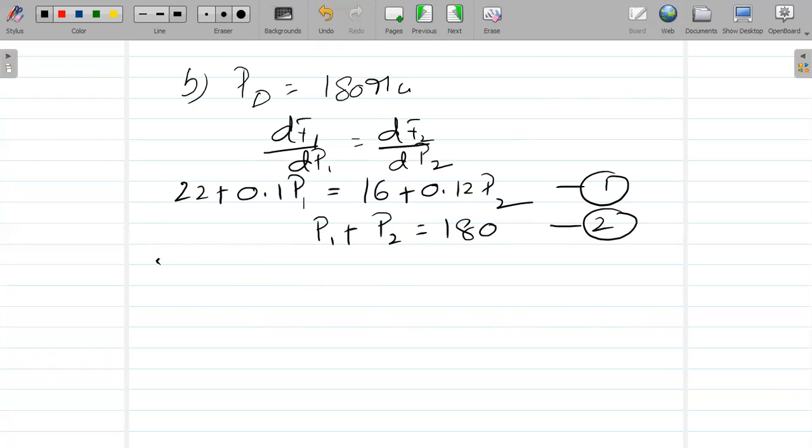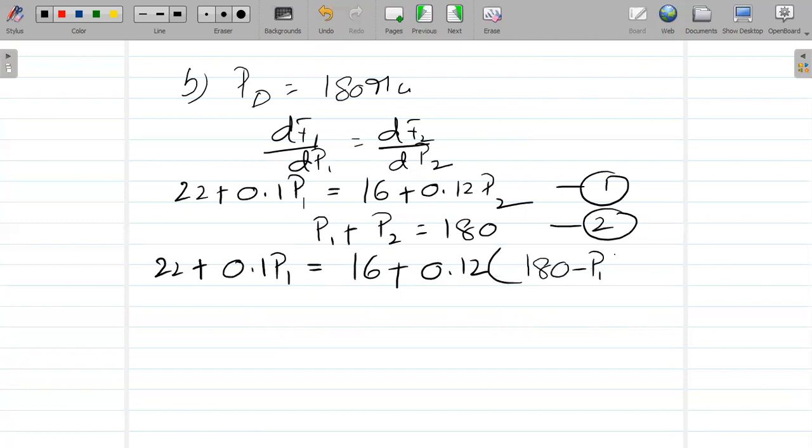Using equations 1 and 2, 22 plus 0.1 P1 equals 16 plus 0.12 into (180 minus P1). When you simplify this, you will get 0.22 P1 equal to 15.6, or P1 equal to 70.9 megawatt.